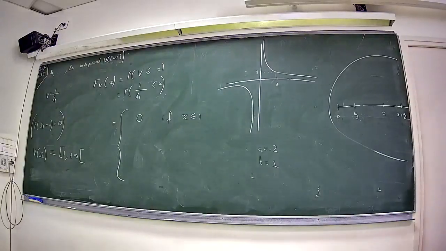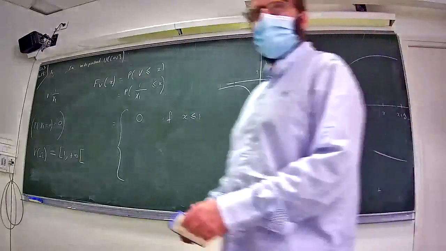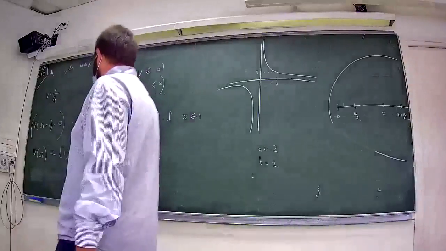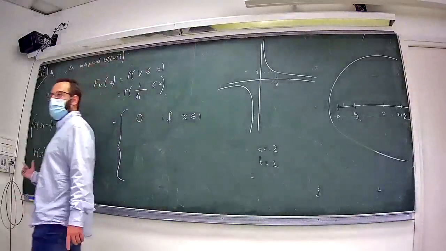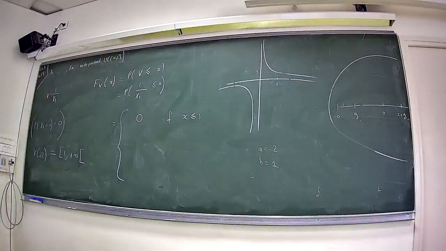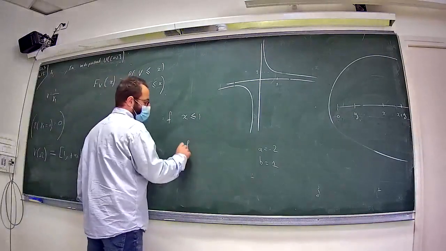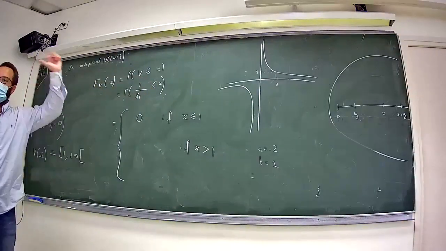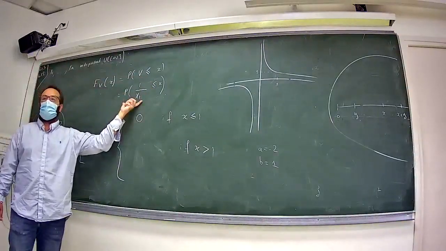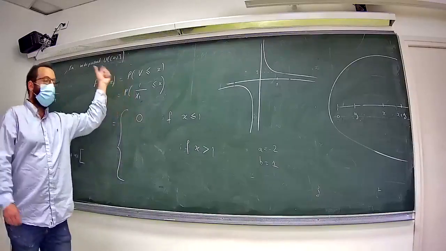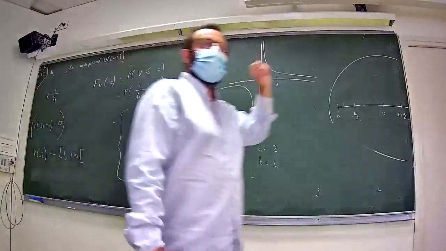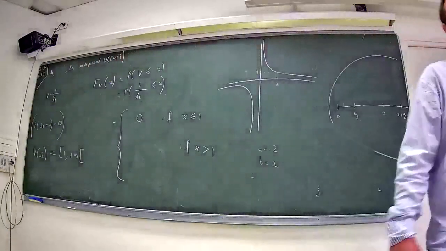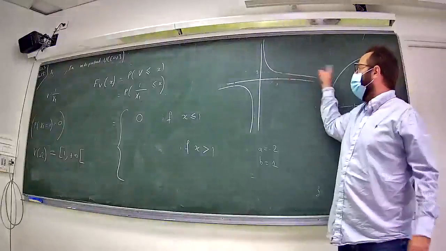Because I know that 1 over x1 takes values in 1 plus infinity, the probability that it will be less than the minimal value it can take is 0. And now I am in the case where x is always positive. Now I can use the fact that a less than b is equivalent to 1 over a greater than 1 over b, because I am in this part of the curve here.